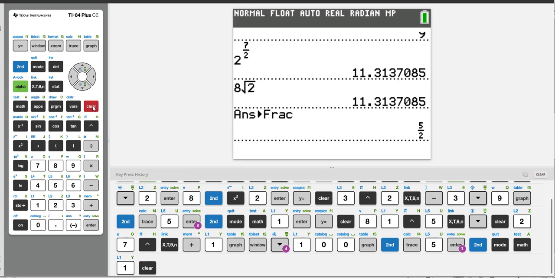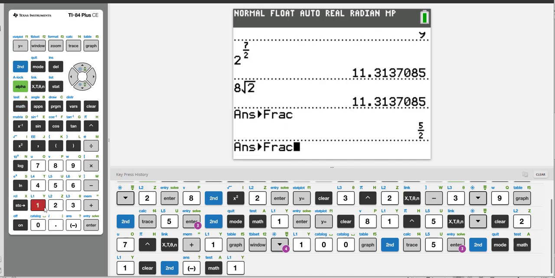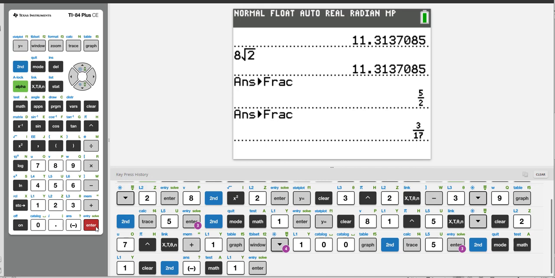Press clear and press second, answer. Press math and select number 1, frac for fraction. Press enter. This gives the answer of 3/17.